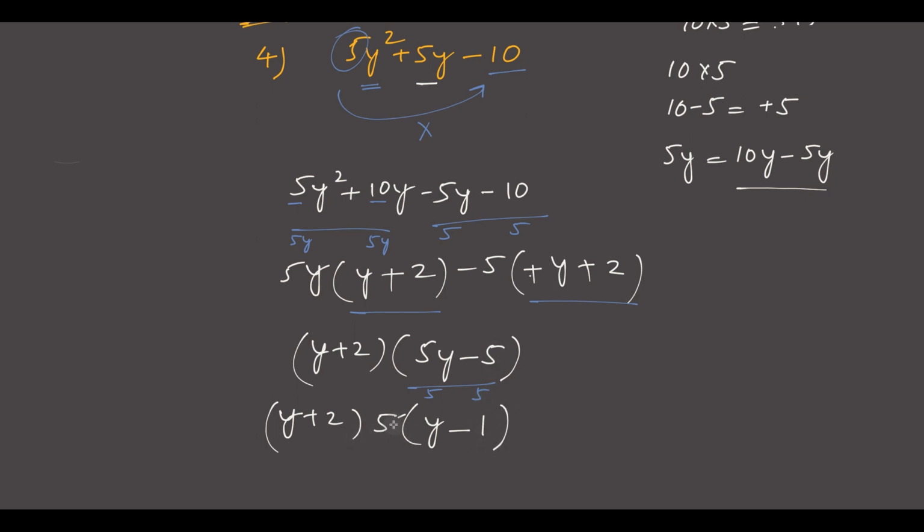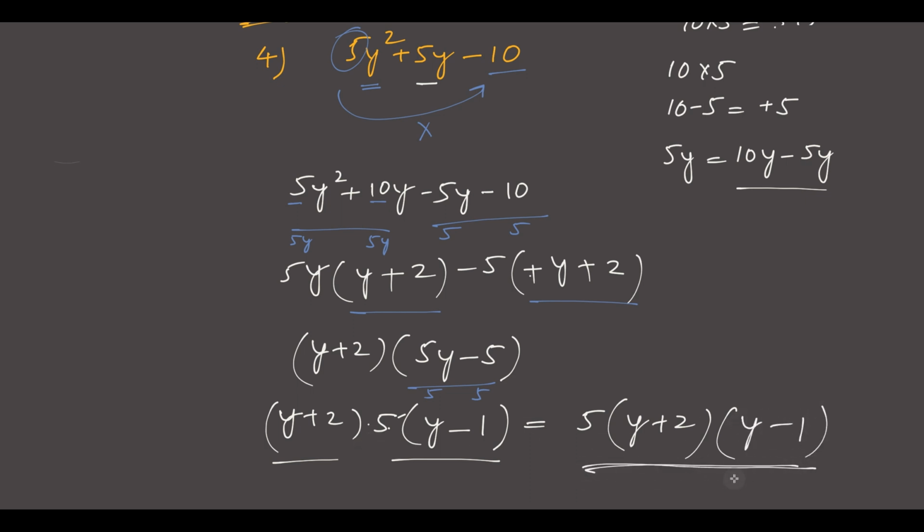Since this is a product, we can write the dot symbol here. Now this is not best practice because 5 is in the middle between these two parentheses. We have to take 5 first because it multiplies with both parentheses. Then we write y plus 2, then the second bracket is y minus 1. That's how you can solve this.